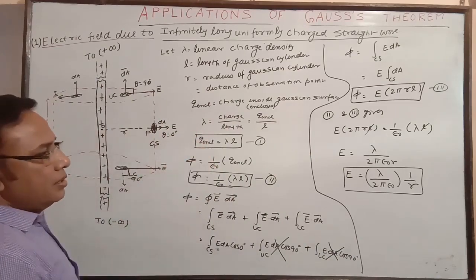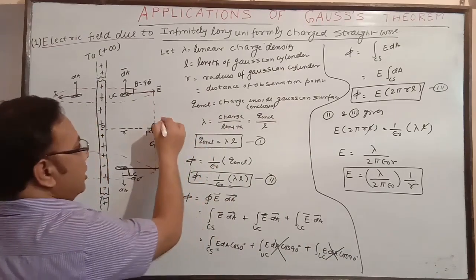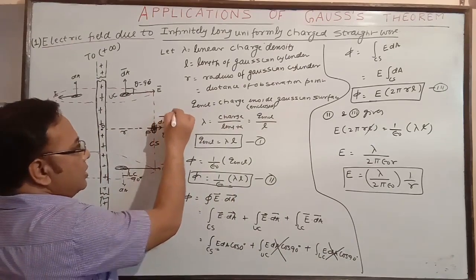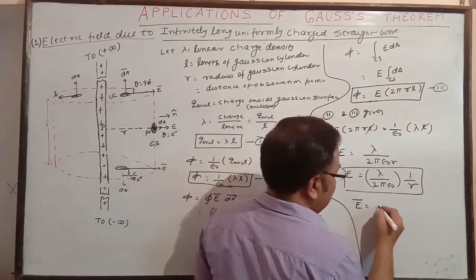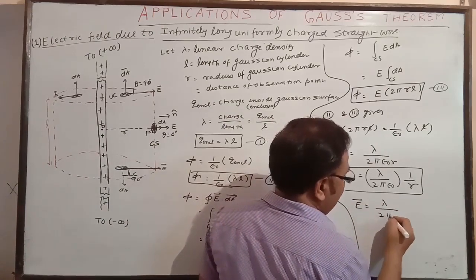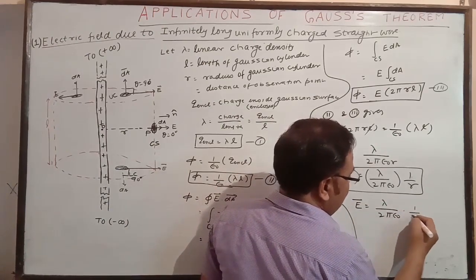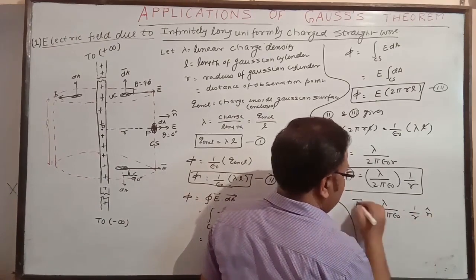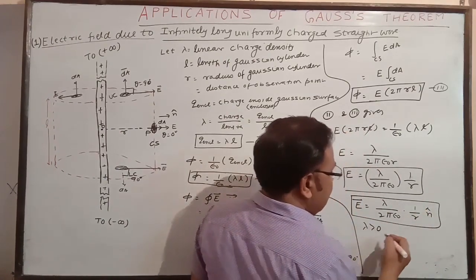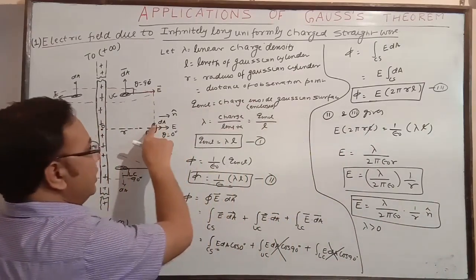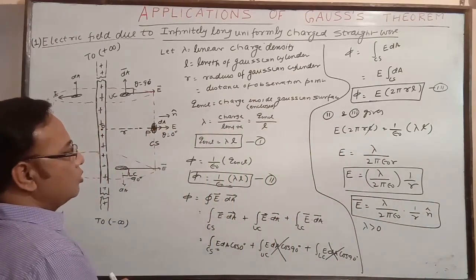So if you use a unit vector n in this direction, you can write this as E vector is equal to lambda by 2 pi epsilon naught into 1 by R unit vector n. If lambda is greater than 0, E is away from the wire along the normal unit vector.